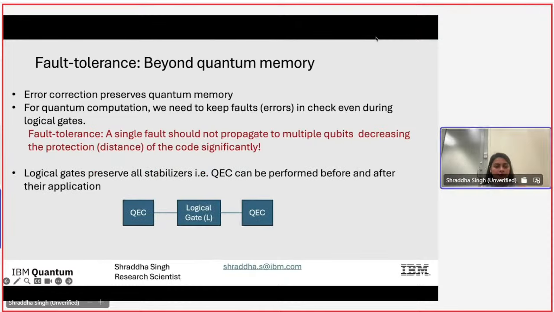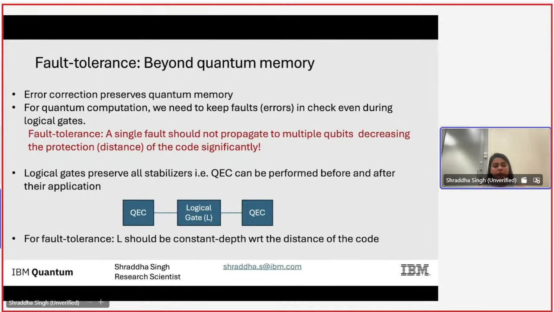So for this, the most important requirement is, imagine you have a circuit. Intermittently, we would be doing error correction on the qubits and logical gates. I want to do some logical gate, then I'll do some error correction, then I'll do some logical gate, then I'll do some error correction, and so on and so forth. The most important requirement for fault tolerance is that the logical gate L should be constant depth with respect to the distance of the code.